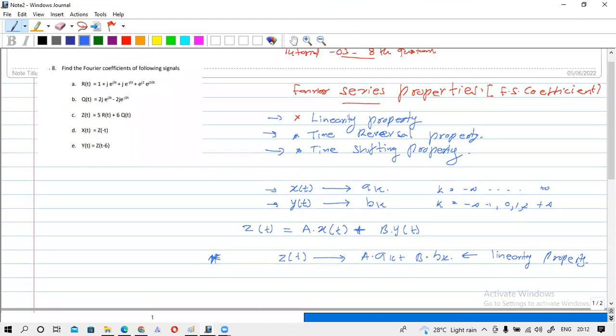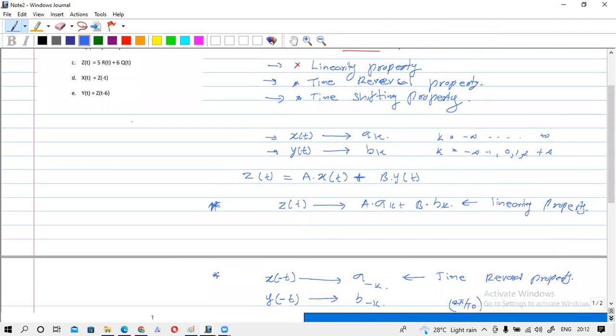Here we are given 5 different signals, and we are asked to find the Fourier series coefficients of these signals.